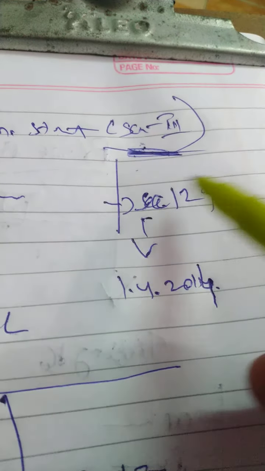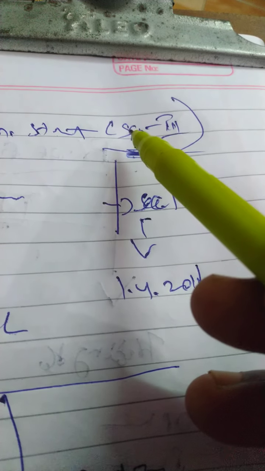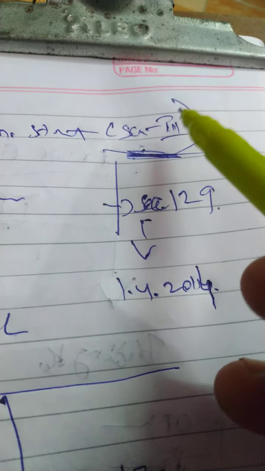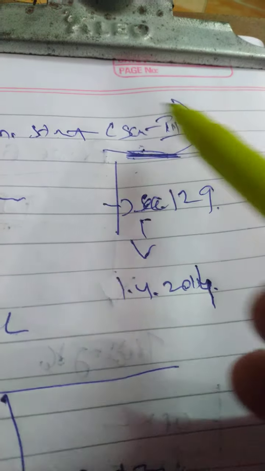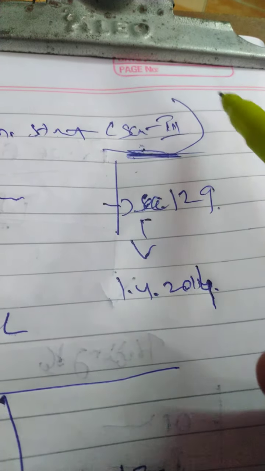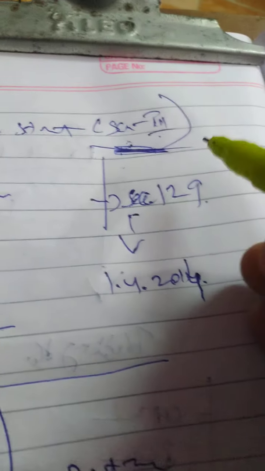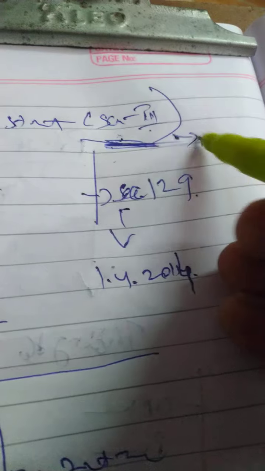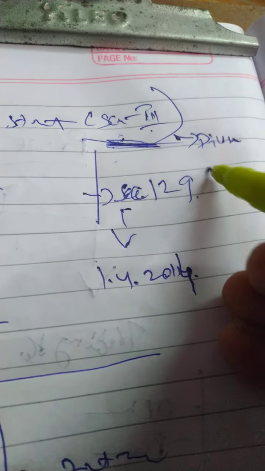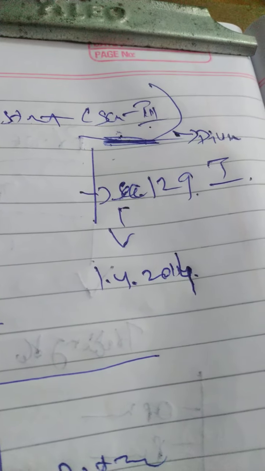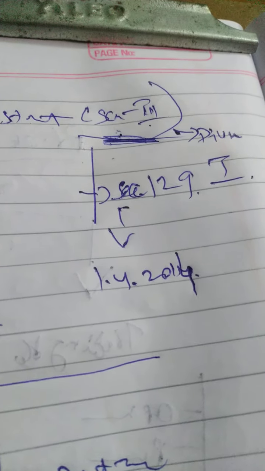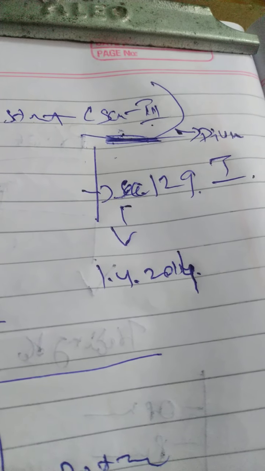So all the companies which are covered by the Companies Accounting Standards rules and regulations have to follow Schedule 3 Division 1. Then what about Division 2, Division 3?